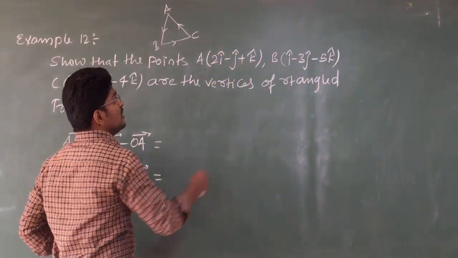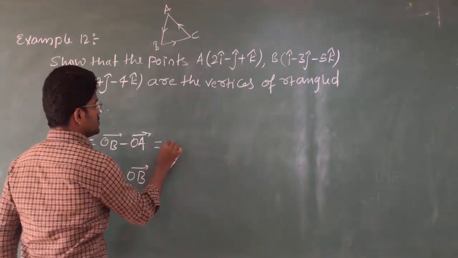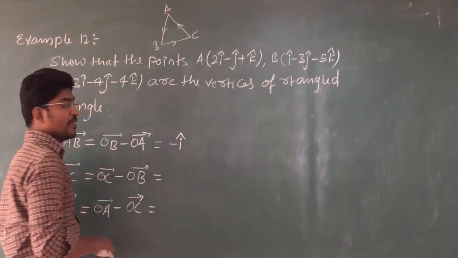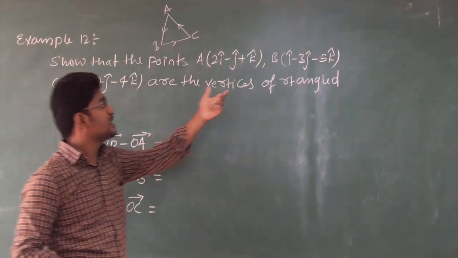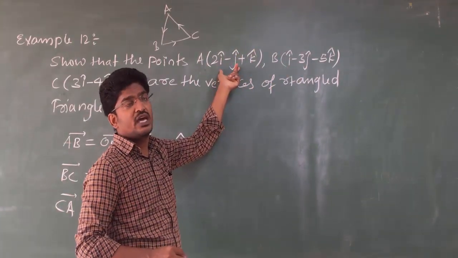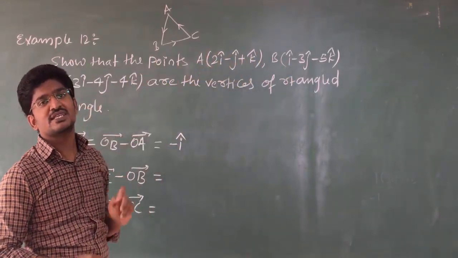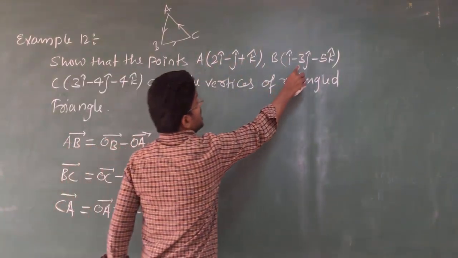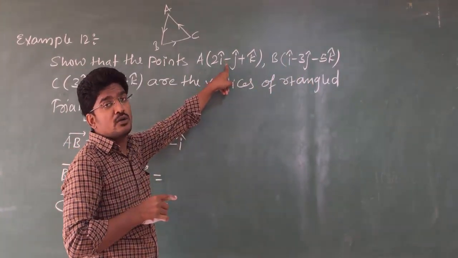That means i cap minus 2i cap will be how much? Minus i cap, because you are calculating vector OB minus vector OA, this vector minus this vector. So i cap minus 2i cap will be minus i cap. Minus 3j cap, minus of minus is plus j cap.